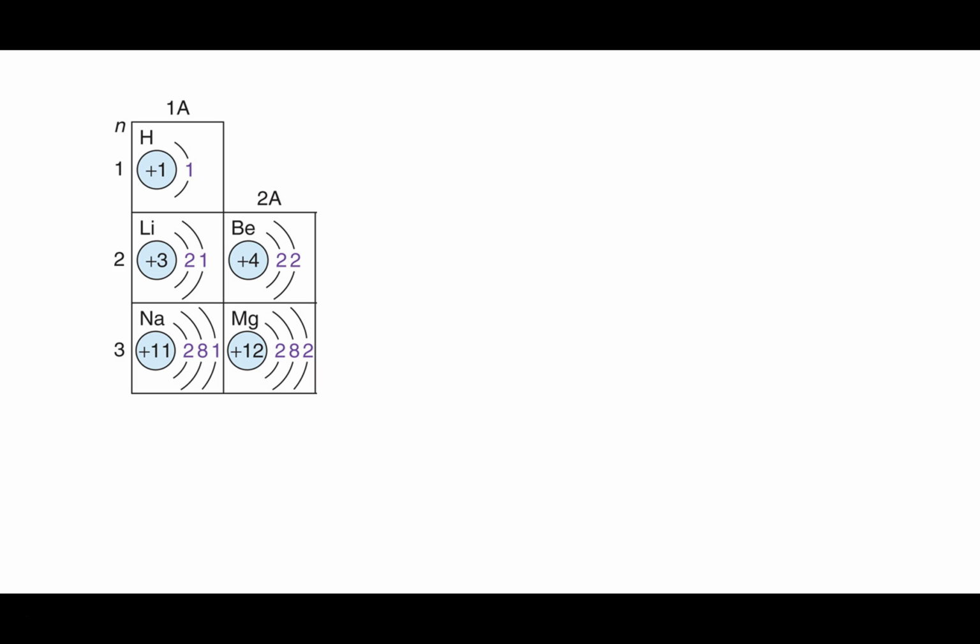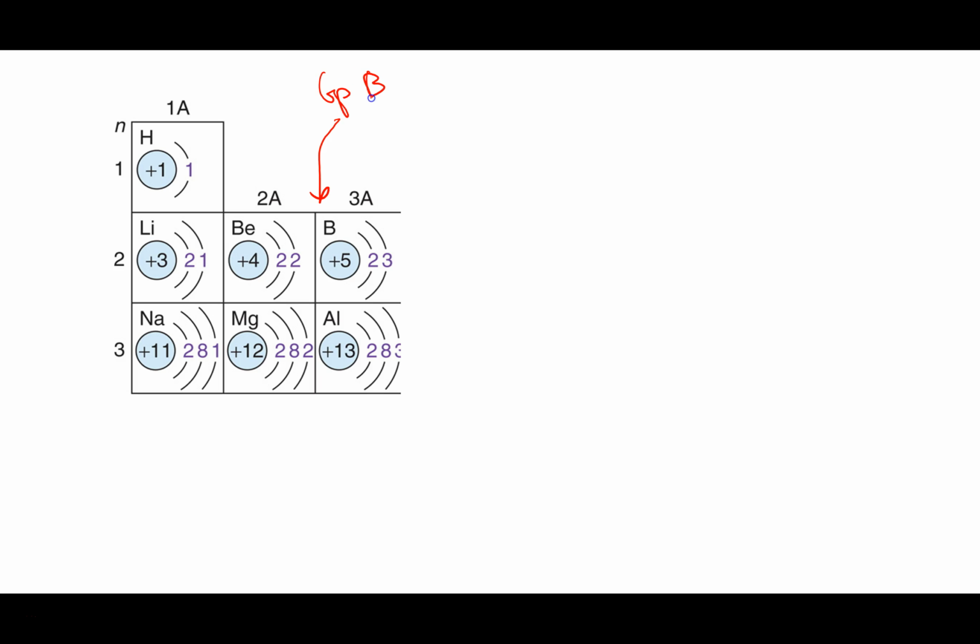So calcium would have a 2 out here also. What threw me off the other day was that this is where group B inserts. So the periodic table divides with 2 columns here, and there are actually 10 columns of B's, and then we have 6 columns over here.